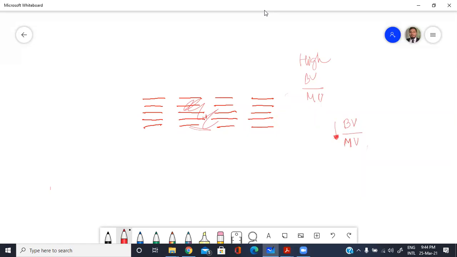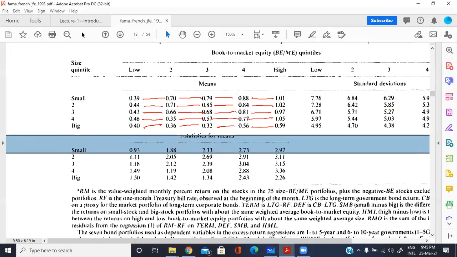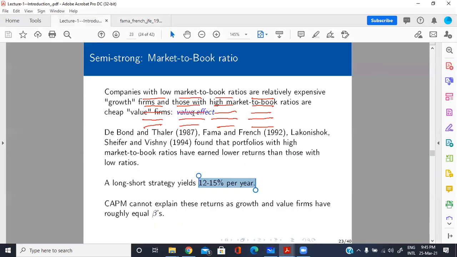They tend to be overpriced, the companies which have a low book to market, right? Right, sir. Okay. So it has been found that people end up buying stocks at a higher price because they believe that those stocks are growth stocks and growth stocks are expensive. That's why they end up buying the stocks at a higher price.